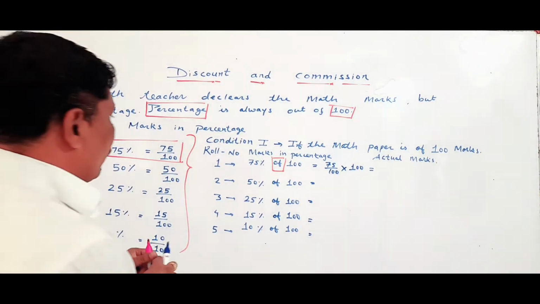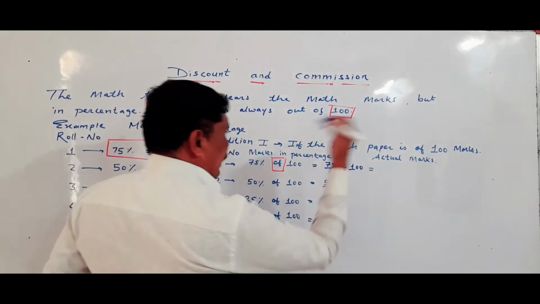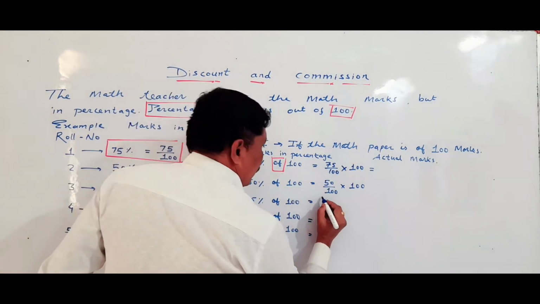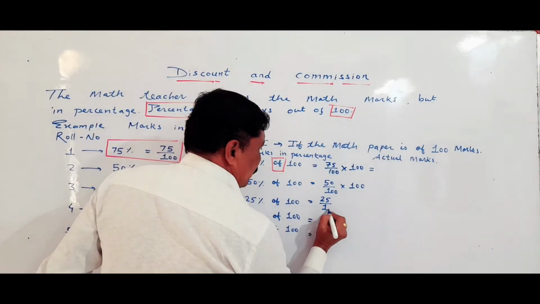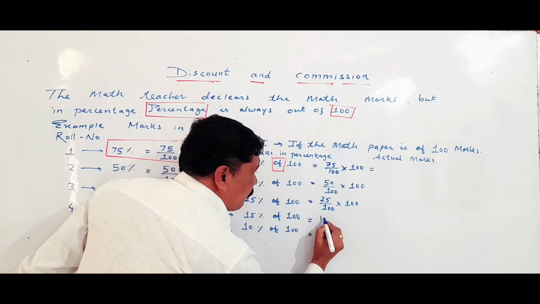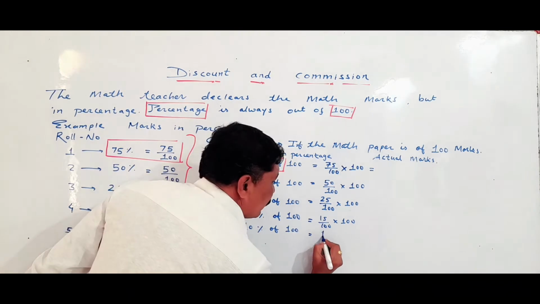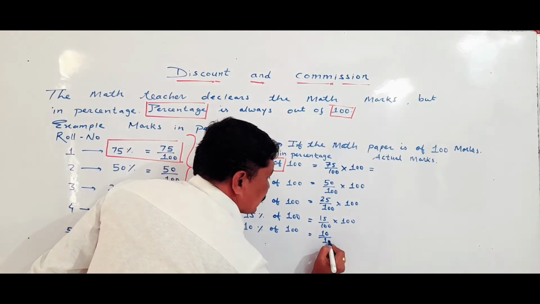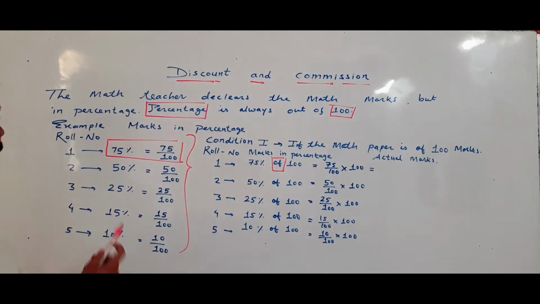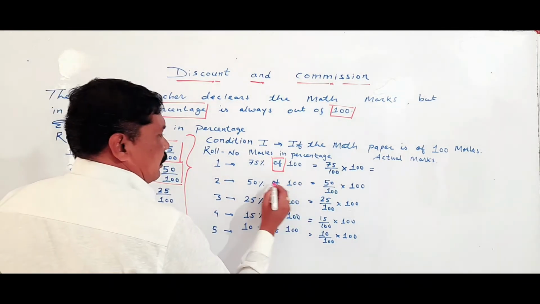In the same way, 50% can be written as 50 upon 100 and the paper is of 100 marks, so we will take it into 100. This can be written as 25 upon 100 and the paper is of 100 marks. 15% of 100, then 10% of 100. 50% can be written as 50 by 100.